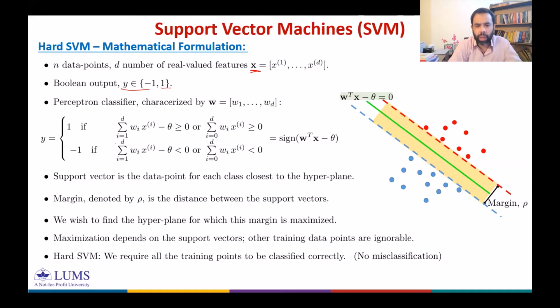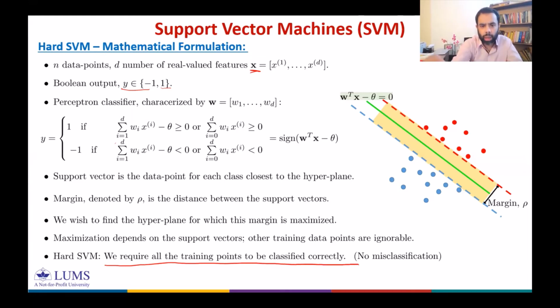And we know that this maximization depends on the support vectors. Other training data points are ignorable because this is the distance between the support vectors. So this dashed red boundary and this dashed blue boundary, the distance between these two boundaries is the classification margin, or the margin which we wish to maximize while finding W transpose X minus theta is equal to 0. We refer to this as hard SVM because we require all the training points to be classified correctly.